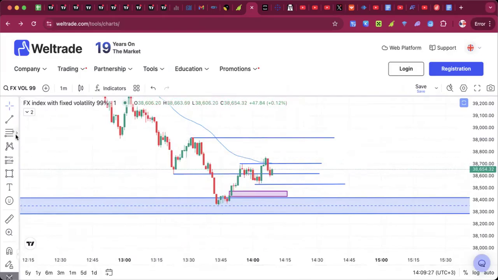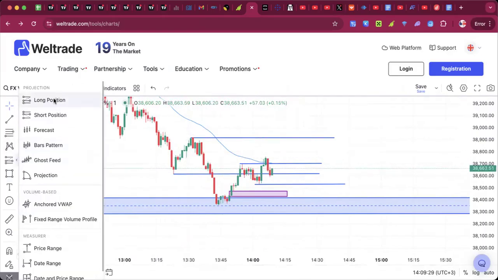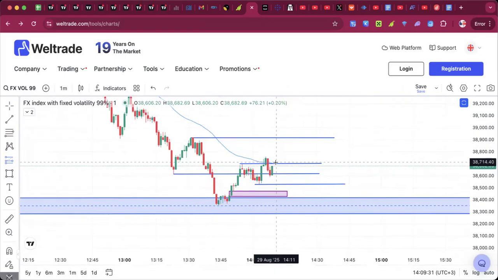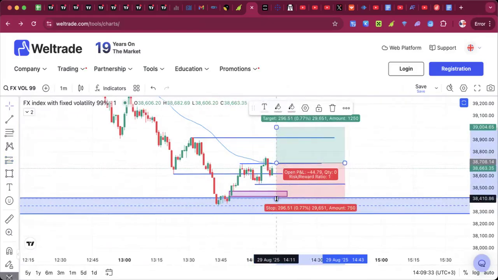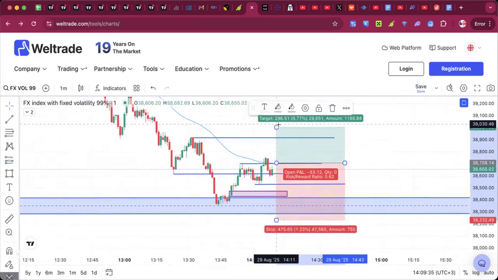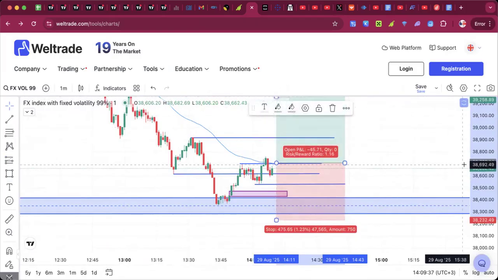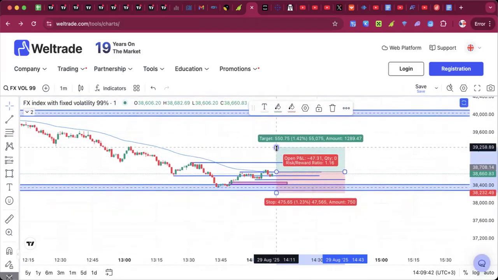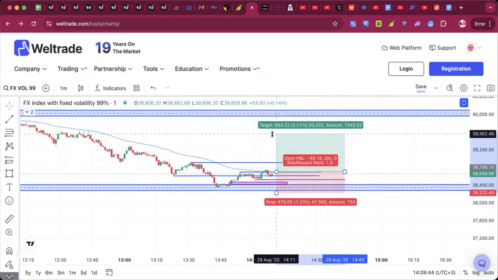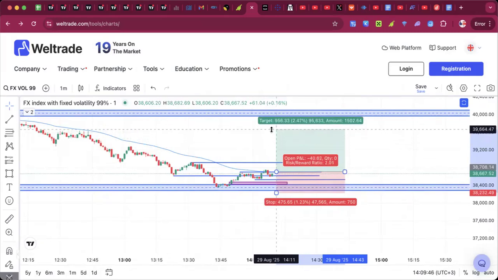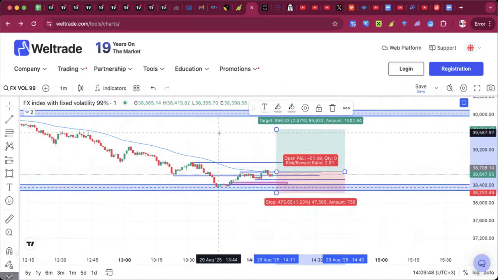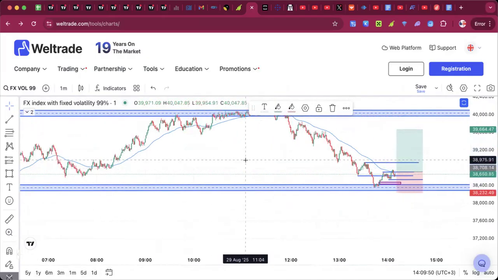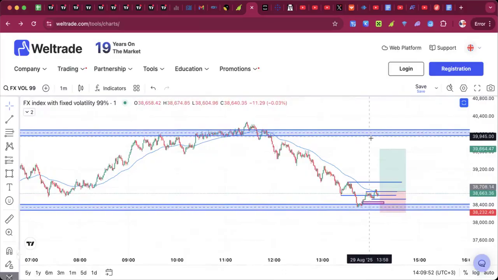When you enter, this is what to do. Your entry, if it's here, your stop loss is going to be below this point. Your take profit is 1:1 or 1:2 risk reward. So that should be here, almost at this point.